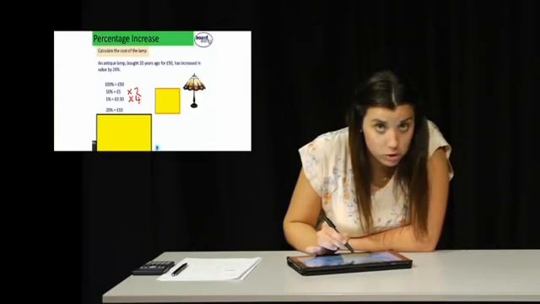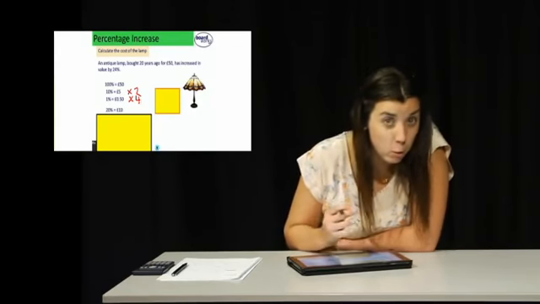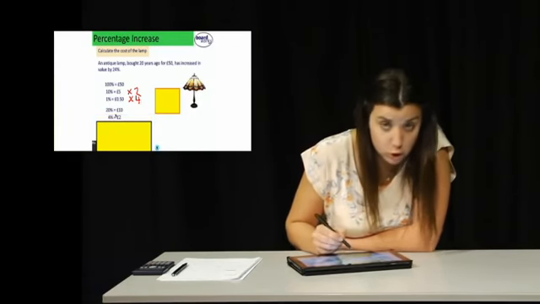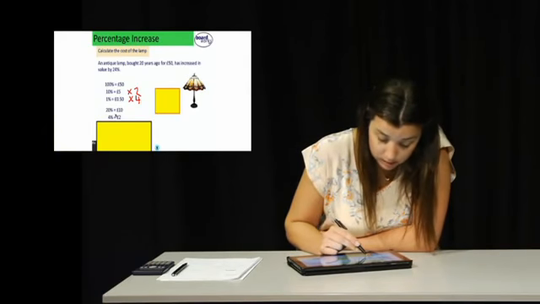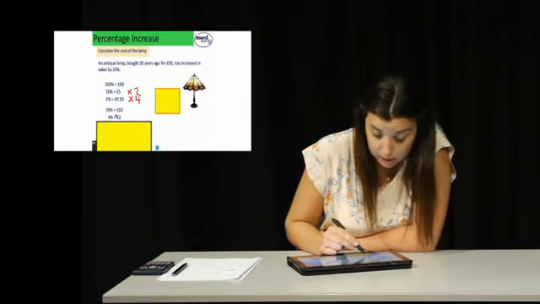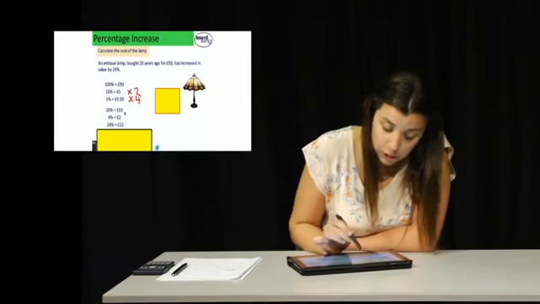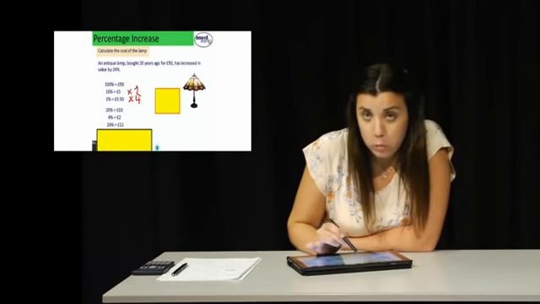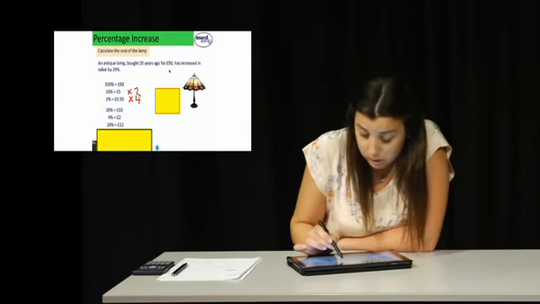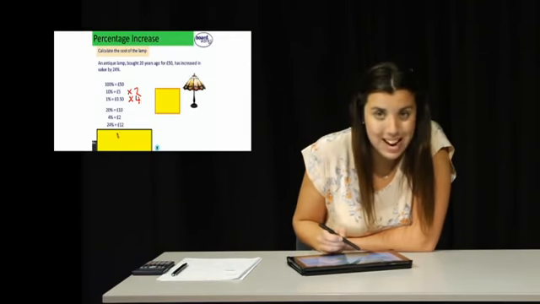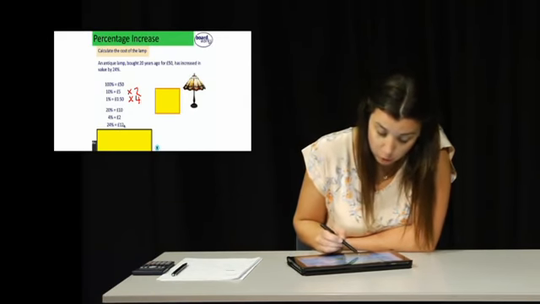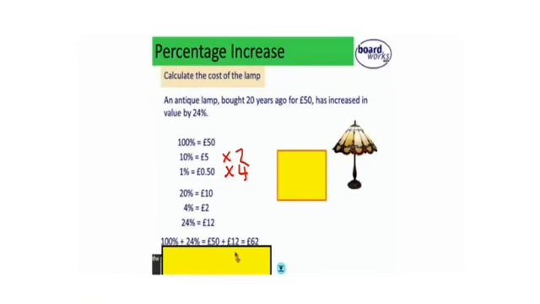And I need 4 lots of 1% to give me my 4%, which is going to be £2. 20%, £10. 4%, £2. Add those together and you've got 24%, which is £12. So actually, going back to this question, 24% of £50 is £12. And it's increased, it's gone up. So we've got £12 plus your £50 is going to give us the new value for the lamp at £62.